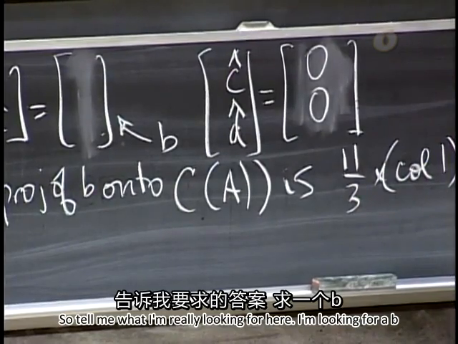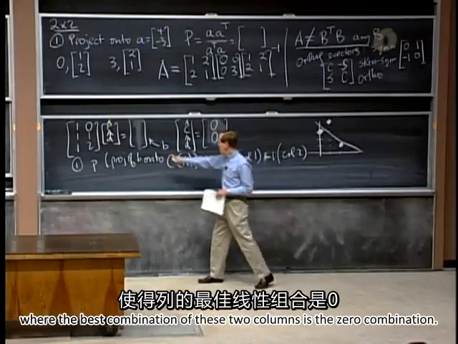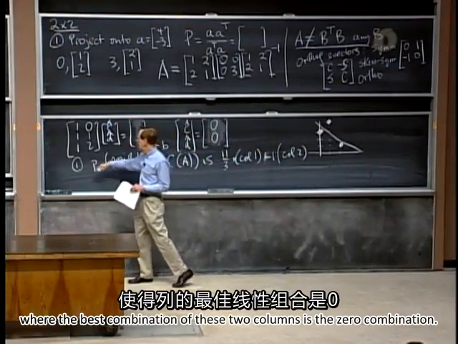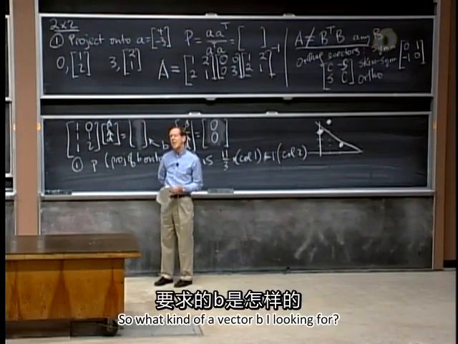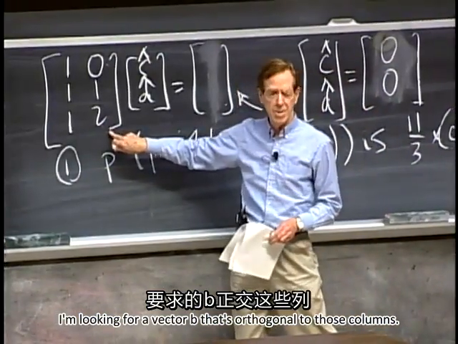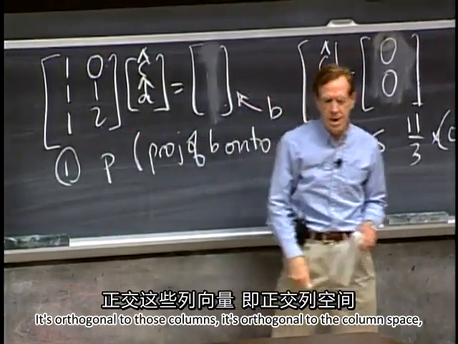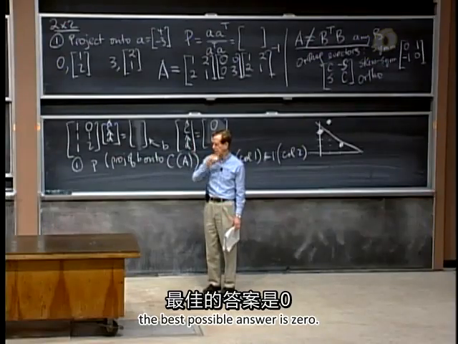So tell me what I'm really looking for here. I'm looking for a B where the best combination of these two columns is the 0 combination. So what kind of a vector B am I looking for? I'm looking for a vector B that's orthogonal to those columns. It's orthogonal to the column space. The best possible answer is 0.